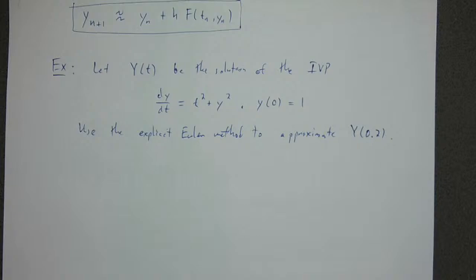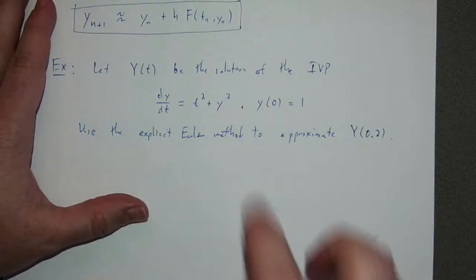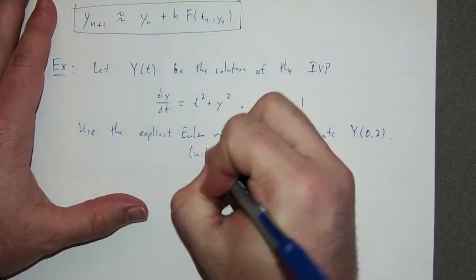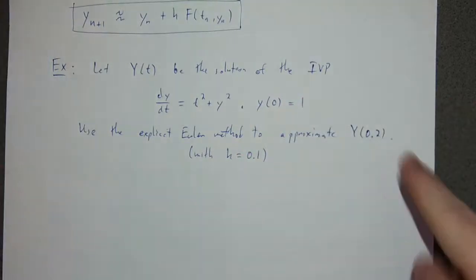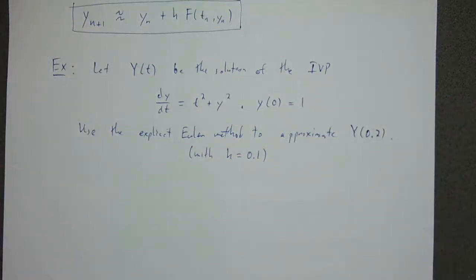Now, typically this would give you some freedom in how you would do this, because you would be allowed to pick the step size. But let's say that I give you the step size here. So use the explicit Euler method with h equal to 0.1 to approximate y of 0.2.